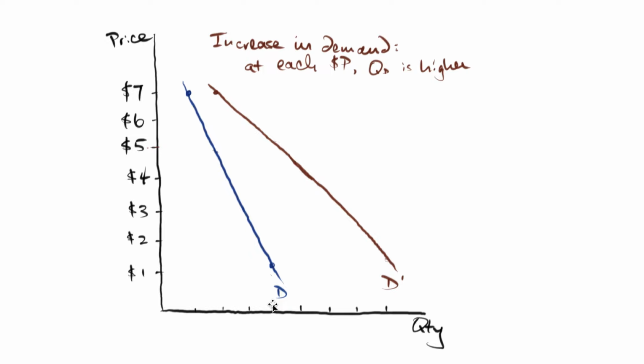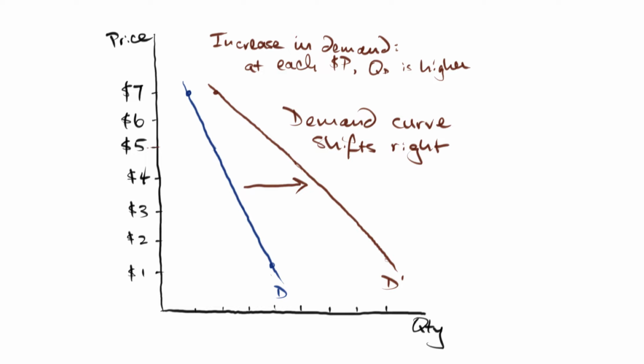So an increase in demand will look like a shift to the right in the demand curve. So here I have a blue demand curve, and then the brown demand curve represents an increase in demand. The curve has moved to the right. And that really means that at every price, the consumer would purchase more.